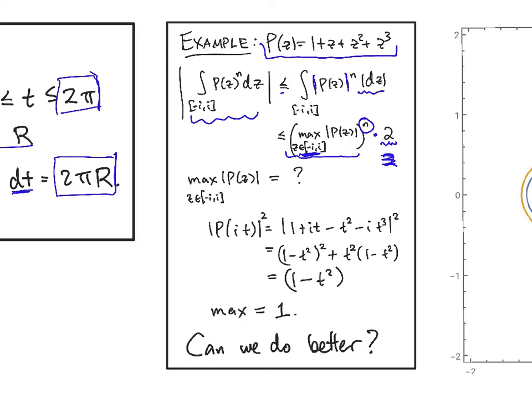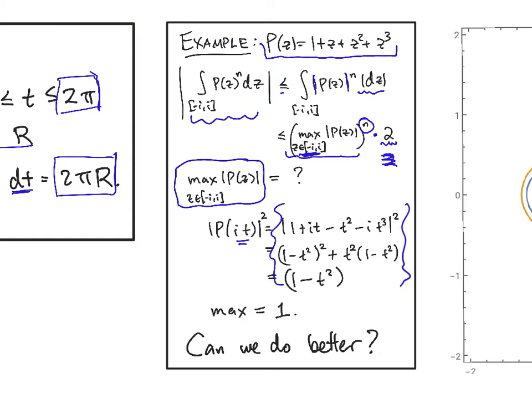And then if you wanted to really estimate this, you'd have to find the maximum of p on this line segment. And I went through that by just putting it into p and seeing where it had a maximum. And it's maximized when t equals 0. You can check for yourself, but I don't want to explain all the algebra.